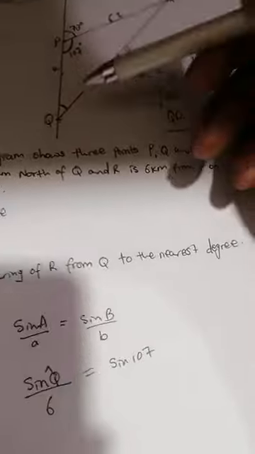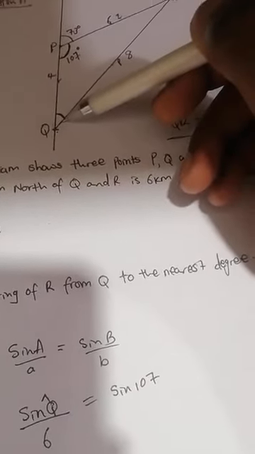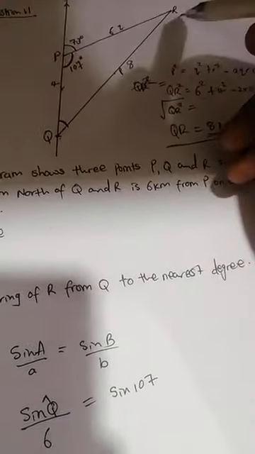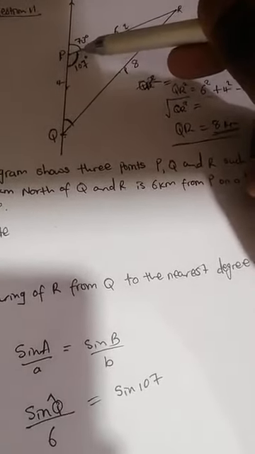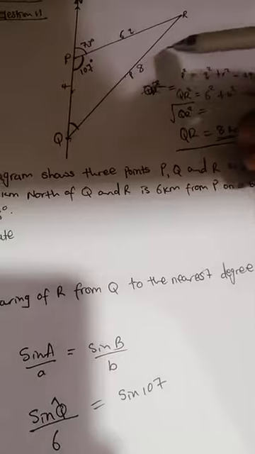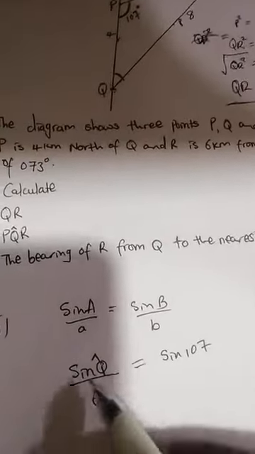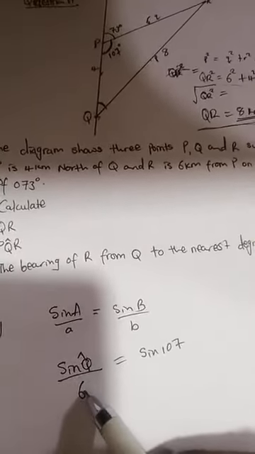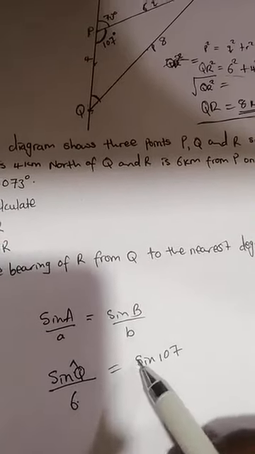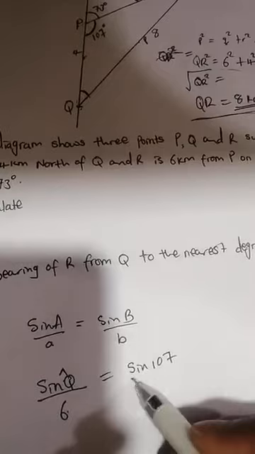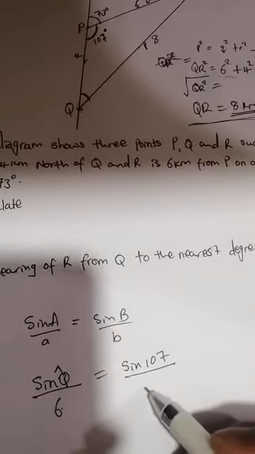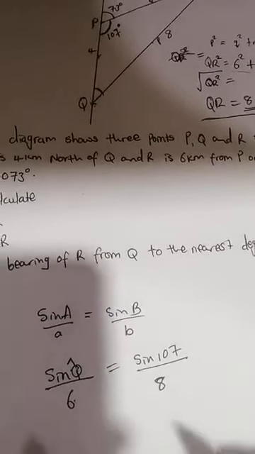So in this case we are saying sine q over opposite side PR, which is 6, is equal to sine 107 over the opposite side, which is QR. So sine q over 6 is equal to sine 107, the angle, over the opposite side of 107, which is 8 kilometers.